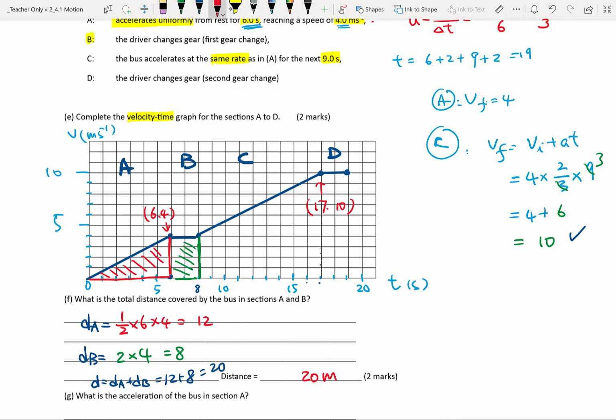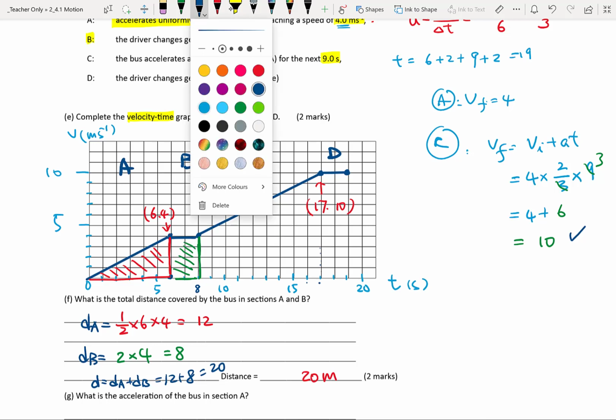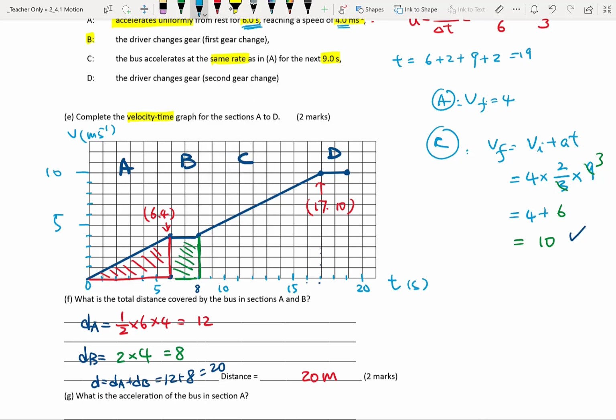If you don't like to use the diagram, you can also use the formulas. For example, we can do the equation. DA will be half VI plus VF times T. VI is 0 and VF is 4, and time is 6 seconds.